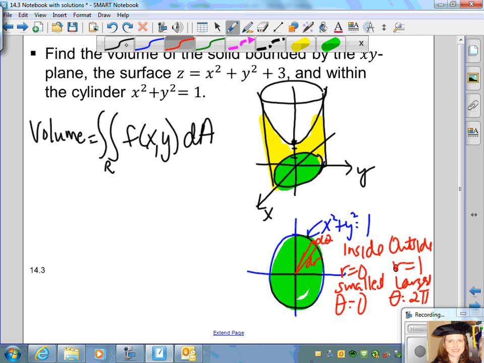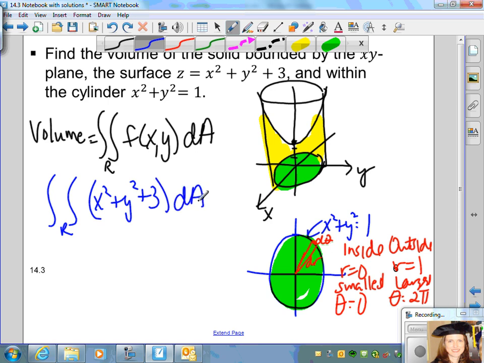So let's go ahead and write this double integral over R, where our function of x and y is x squared plus y squared plus 3, all of that times your differential area. When we convert to polar, we're going to use r's and thetas for our differentials, and we're going to make the conversion inside the integral as well.